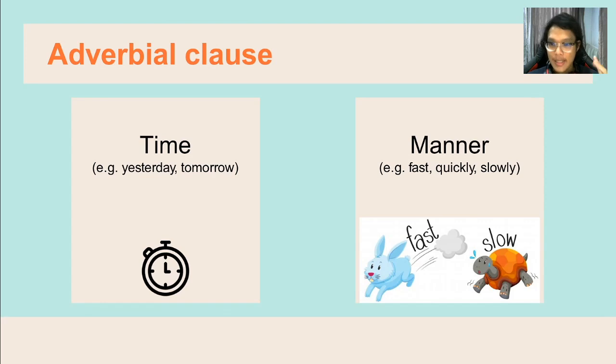You might imagine in your head that the rabbit runs fast. Whenever rabbits go to another place, they go very quickly. That is what we call manner, right? Manner is like the pace of the action that the rabbit is doing.